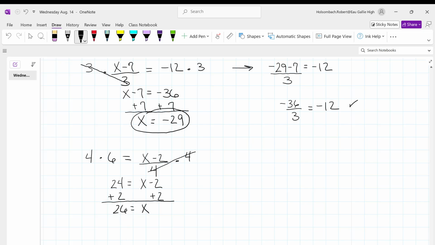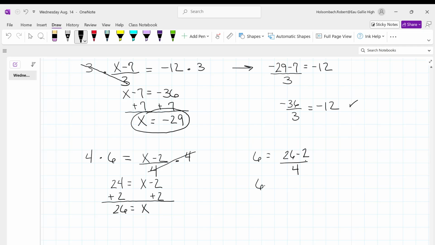And then we're going to check that. So is 6 equal to x minus 2 over 4? I wrote that completely wrong. Is 6 equal to 26 minus 2 over 4?